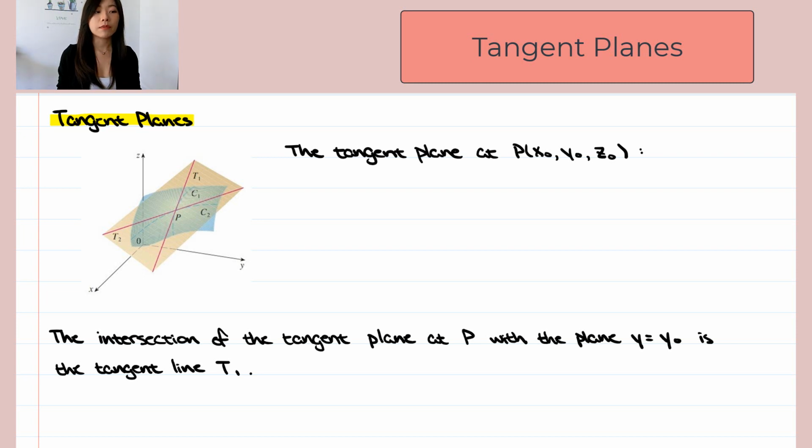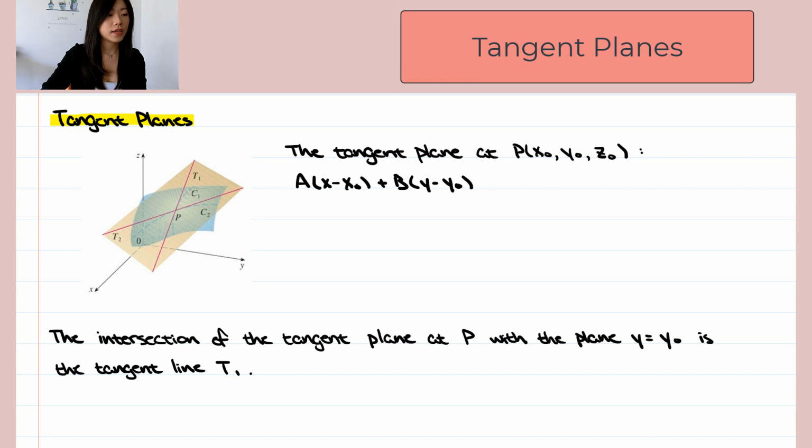Then using what we learned from lecture 49, for an equation of a plane that passes through x0, y0, and z0, the form of the equation would be some constant a times x minus x0, plus constant b times y minus y0, plus constant c times z minus z0, and this equation equals 0.